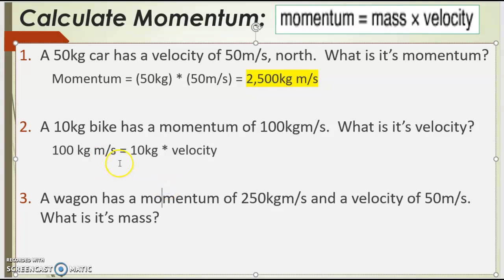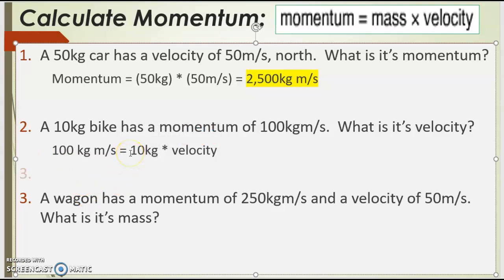To get the answer for velocity, we have to get velocity by itself. What we do to one side, we have to do to them both. That means we need to get this 10 kilograms over to the other side somehow.